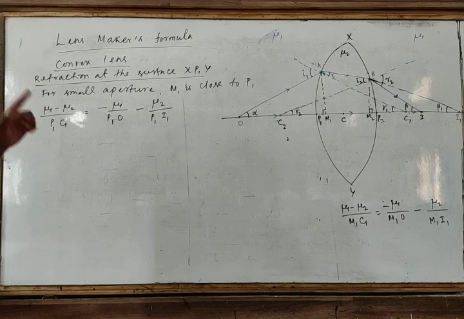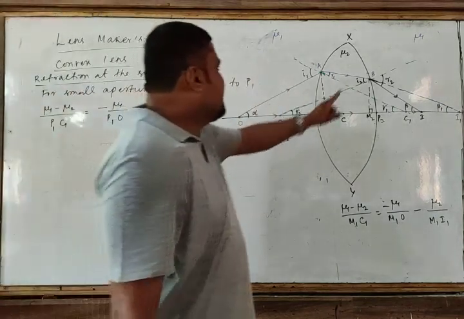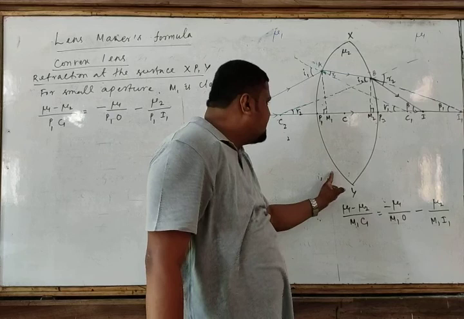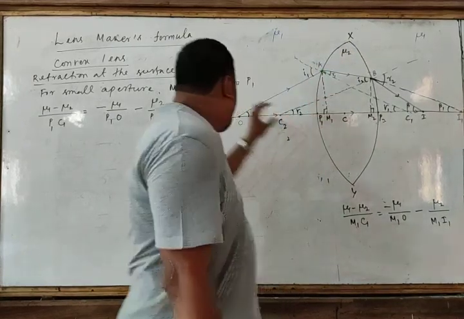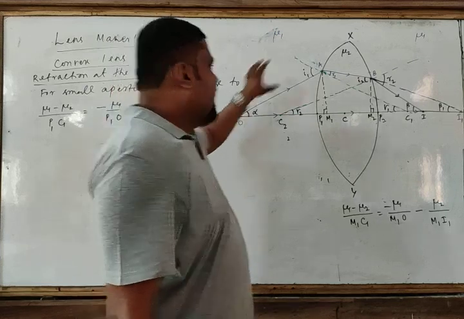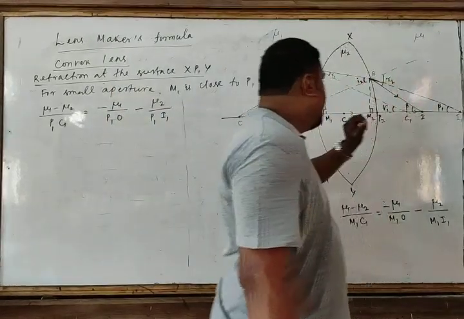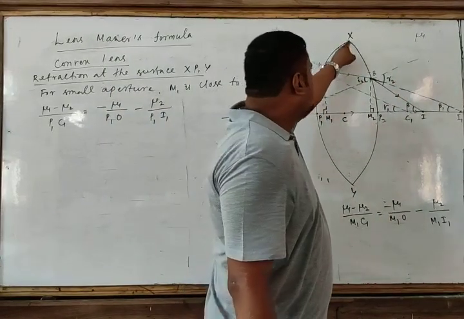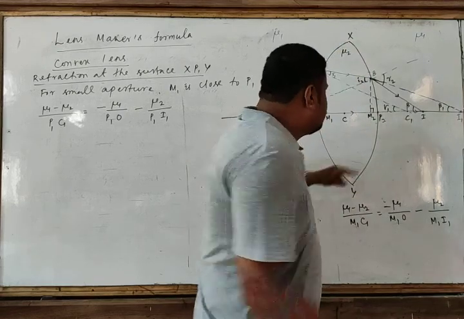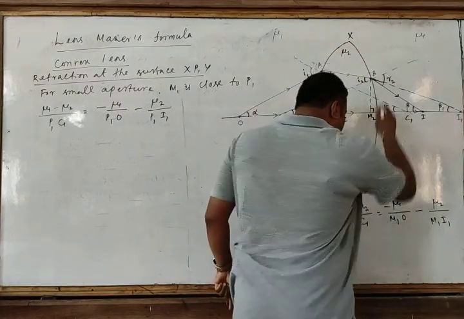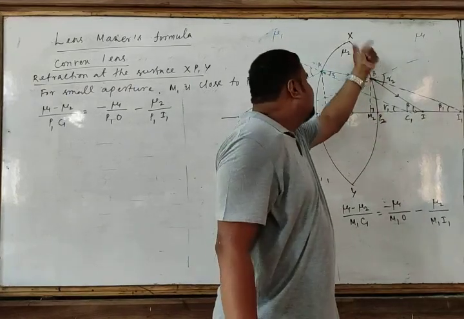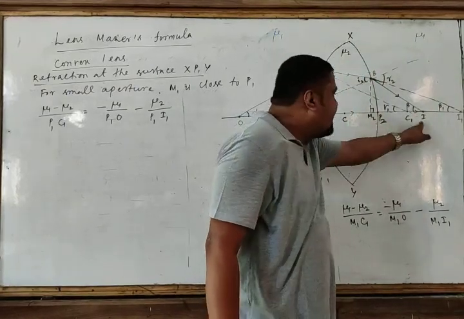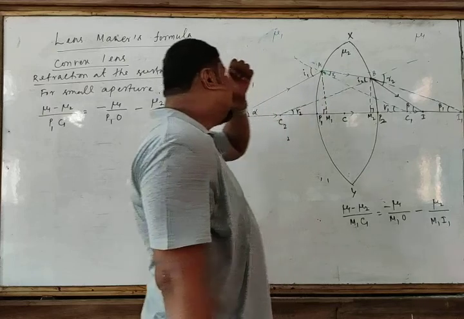Now next part. As I have already told, first I consider the refraction on this surface XP1Y. O is the real object, I1 is the real image. Next, I go for the refraction on the surface XP2Y. I1 is a virtual object for this surface and I is the real image for the surface.